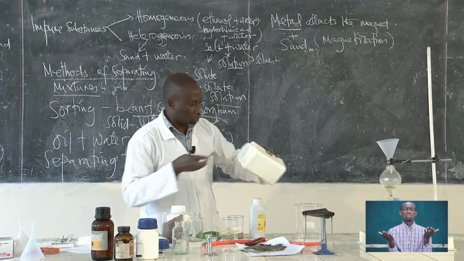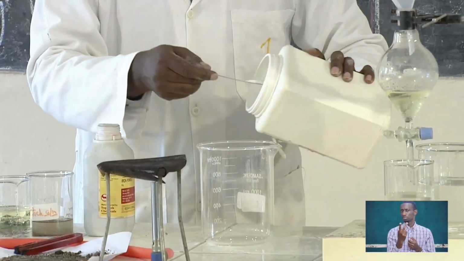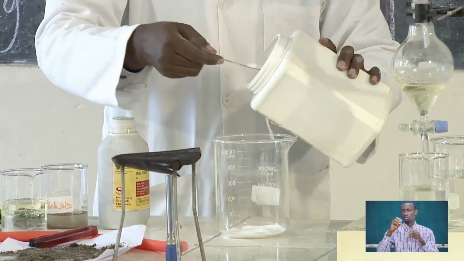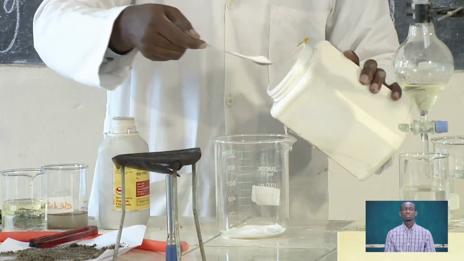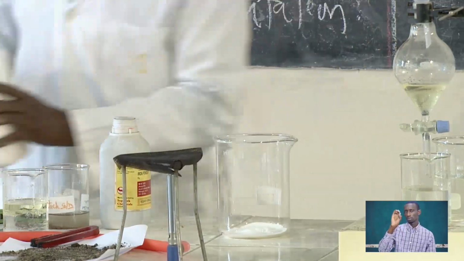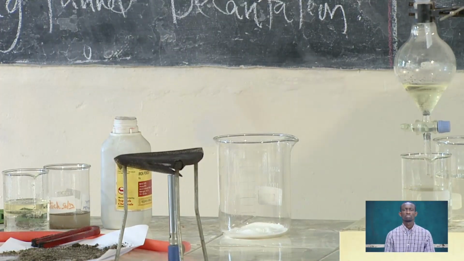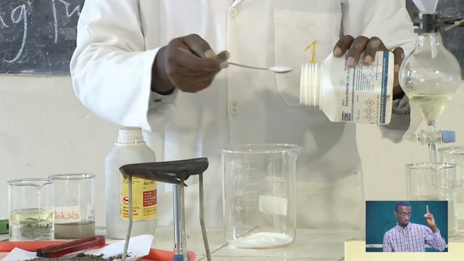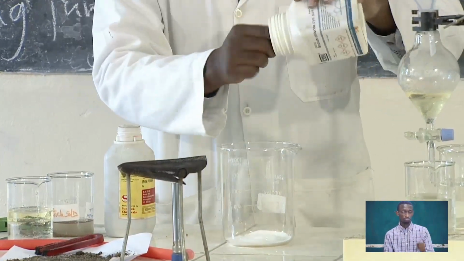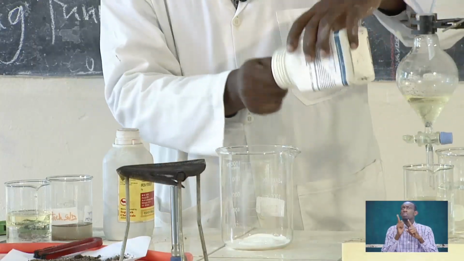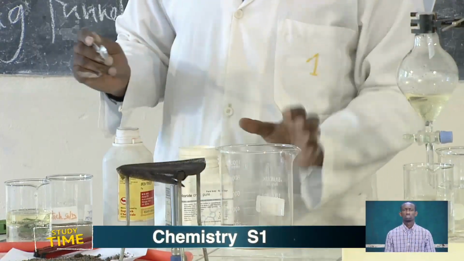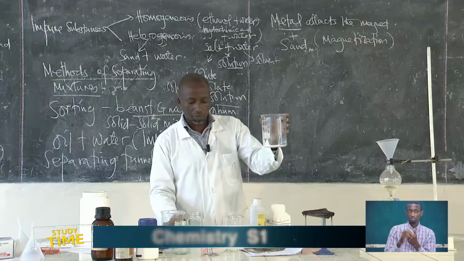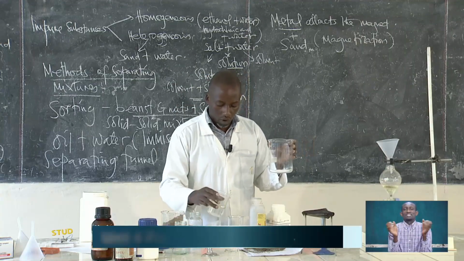These two substances are purely in powder form. This is ammonium chloride, and I'm just going to mix it with sodium chloride. They are all almost the same color. They are all white. So they are all mixed. So we want to separate this mixture. What do we do?